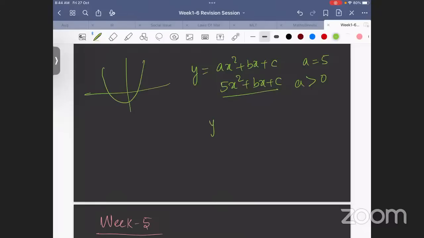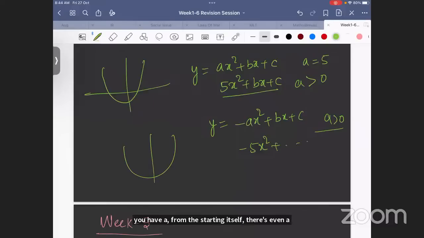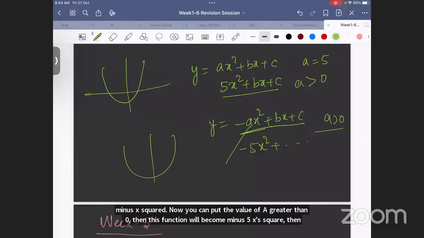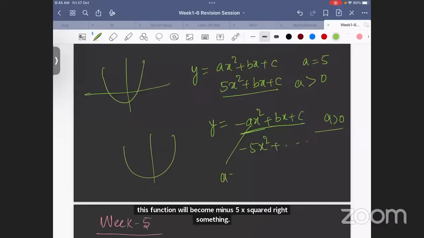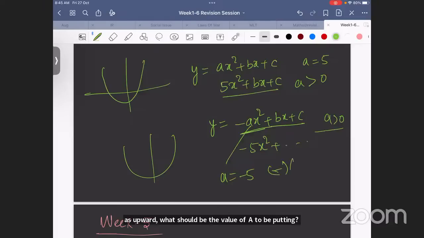But if the equation is given as minus ax square plus bx plus c, and you put a greater than 0, then this function will become minus 5x square, so this will go downward. But to make this function upward, you should put minus 5, right? Minus multiplied with minus 5 will be 5x square.